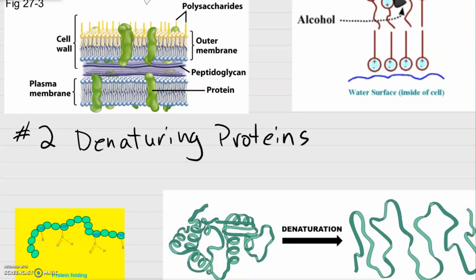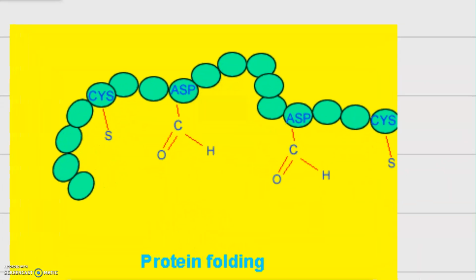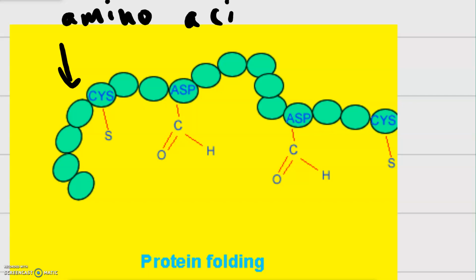The big thing, the most important way that alcohol kills bacteria is by denaturing proteins. Let's remind ourselves about the structure of proteins. Proteins are made of chains of amino acids. There are many kinds of amino acids that have different properties, and because of their different properties, they end up folding themselves into different shapes.